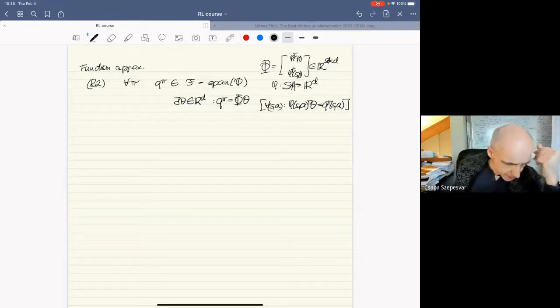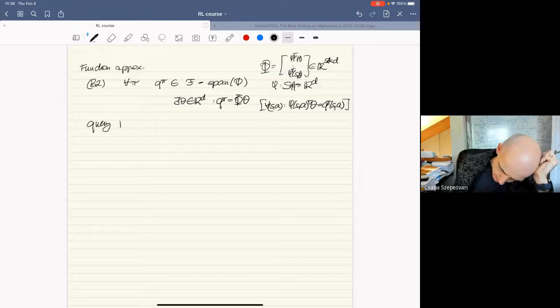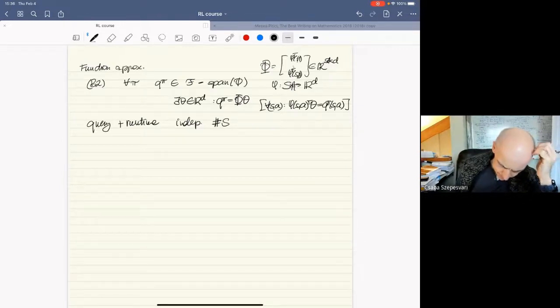And the question was, are we going to be able to use this to get query plus runtime independent of the size of the state space, when you have a generative model?